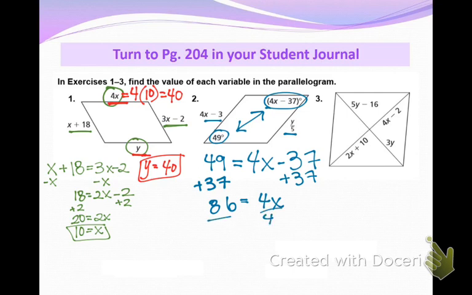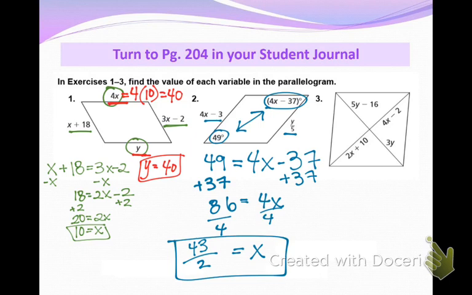Divide by 4. Do we reduce in math? Yes. We always do. Alright, so x equals 43 over 2. You can write that in decimal form, but you cannot have it in mixed fraction.